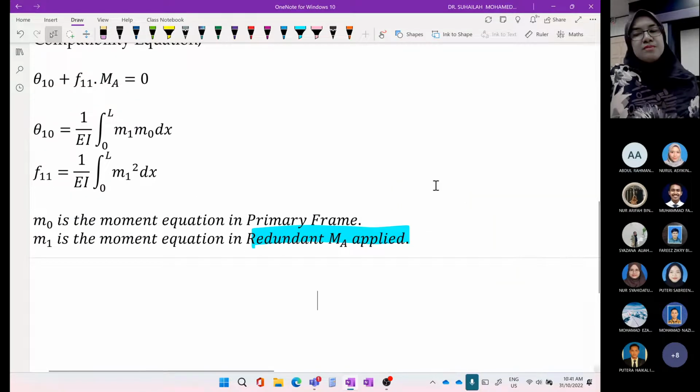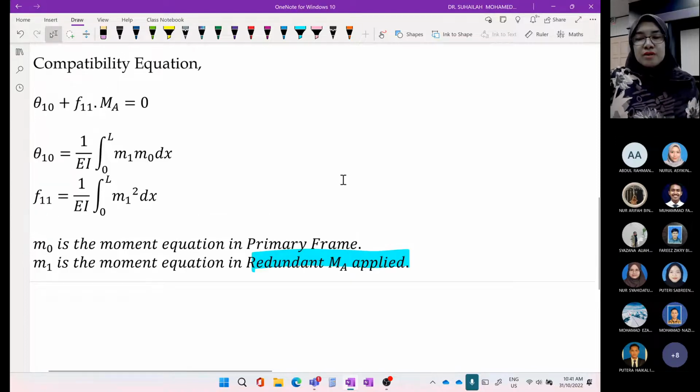We have two systems. Remember the characteristic of primary frame. Primary frame is a determinate frame. Remove redundant, remain external loading.